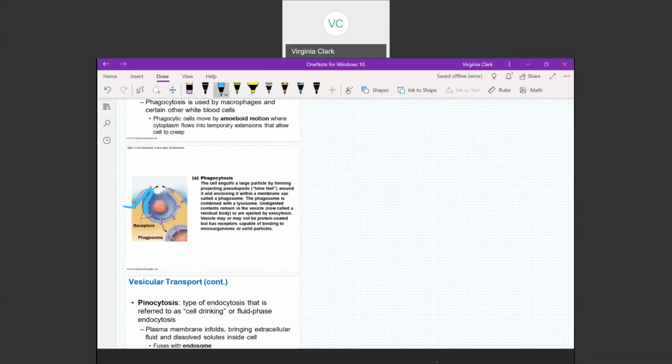Here's the little bulb. This is the item it needs to get rid of and it needs to eat. So what it will do is it will close this up, and then it will dissect and destroy this item. So the phagocytosis is going to be combined with a lysosome, and it will actually digest and break up the item.